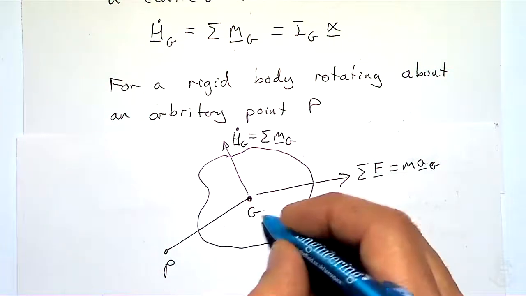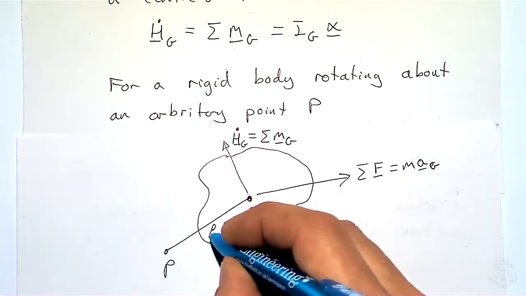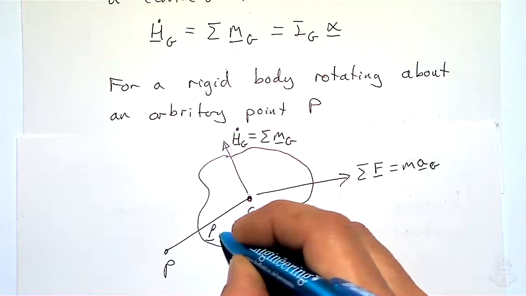So this distance between P and G we're going to call rho G, that's a vector.